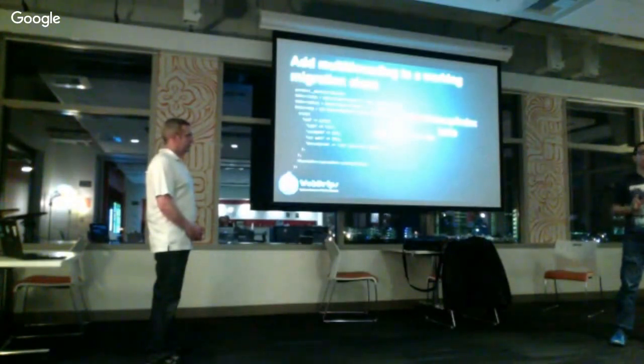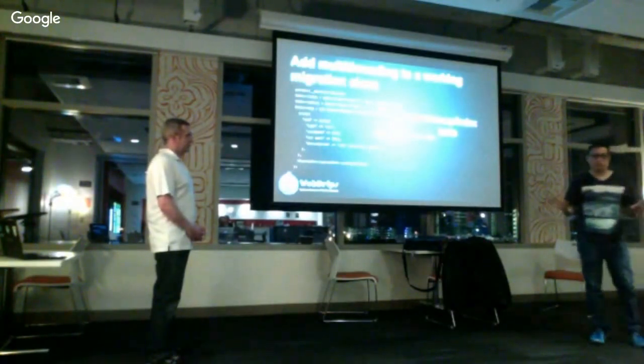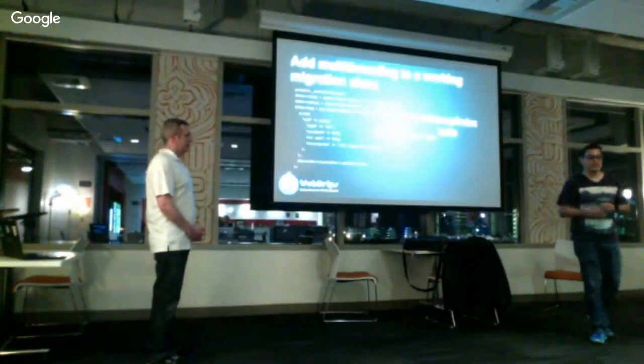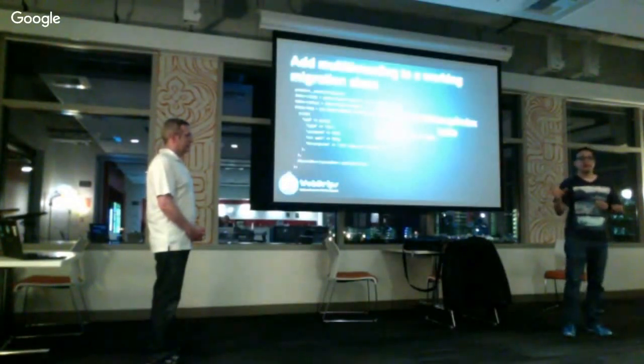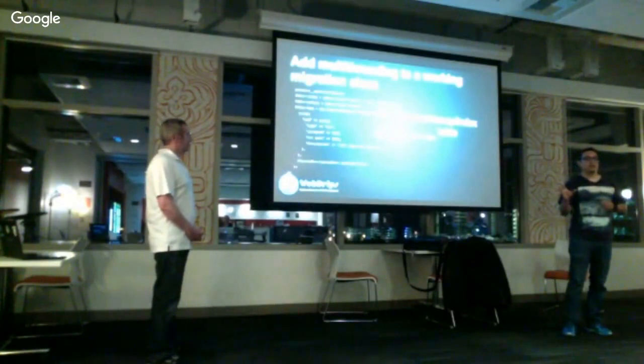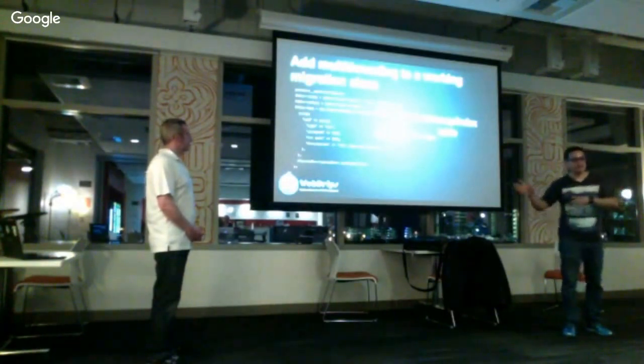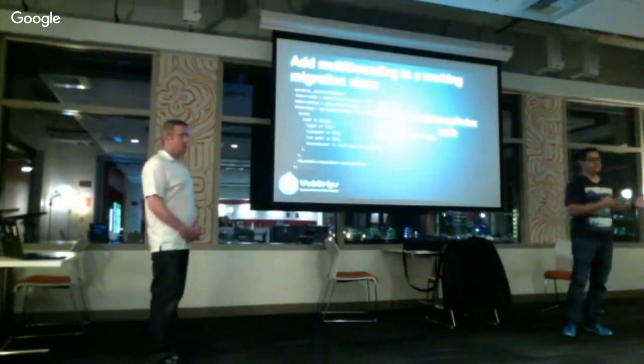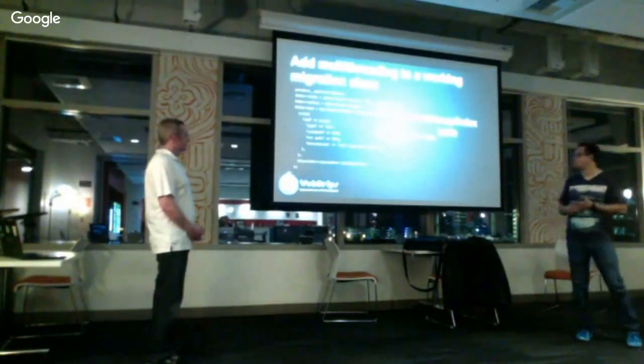The way the Drush extension works is that it generates new migrations with different names, actually random names or timestamp names, and then runs them so that they can run at the same time, and then deletes them. And that's what the Drush extension does.